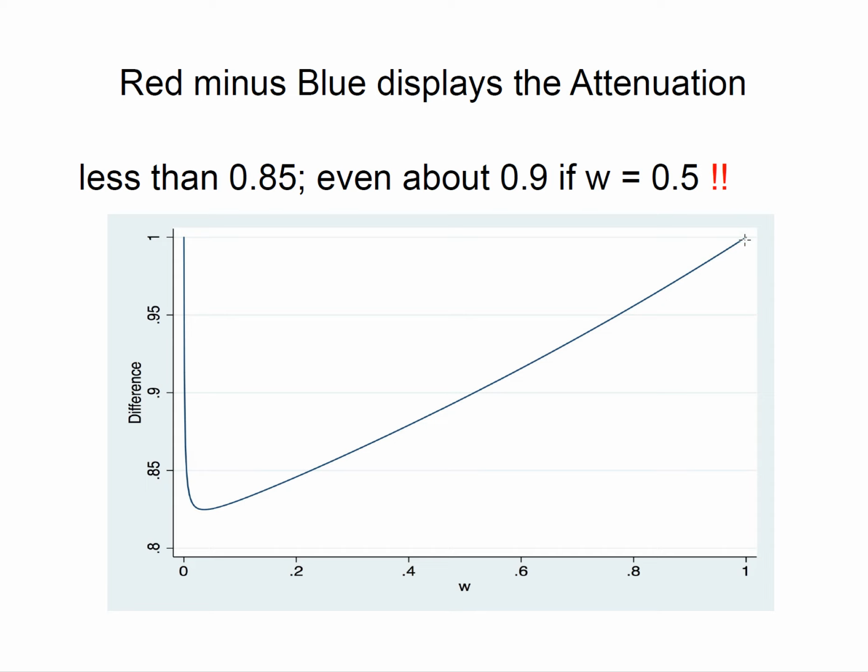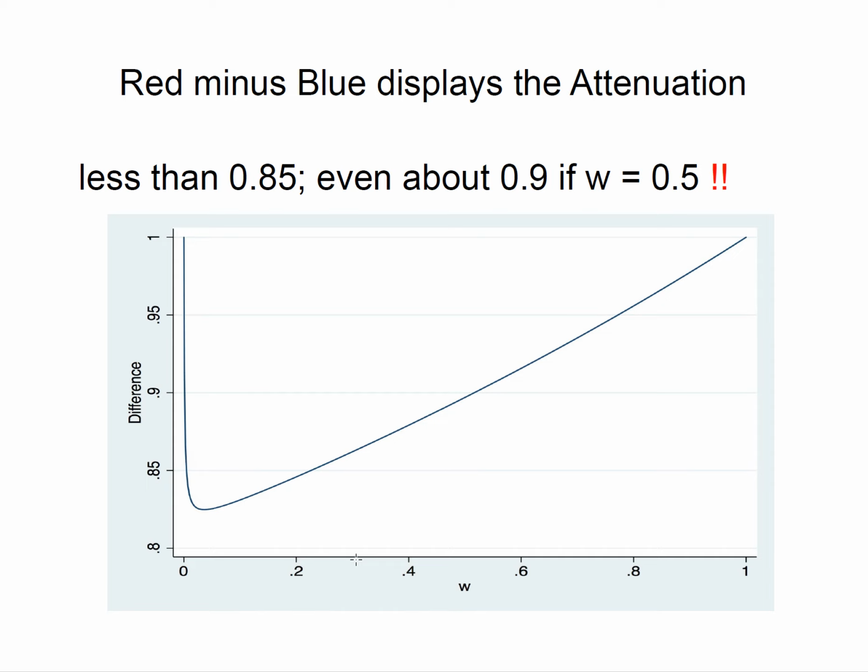And previously, we would have had that for the risk difference and for the risk ratio, that for every weight in between, we would have had 1. But not here. In this particular case, the difference is a function of the weight. The weight that is assumed to be the same.